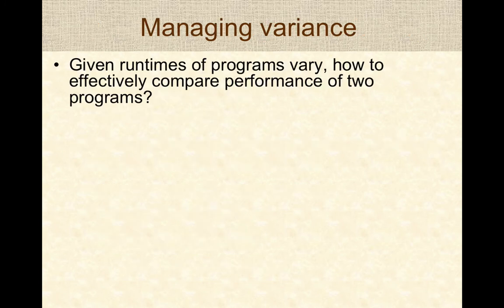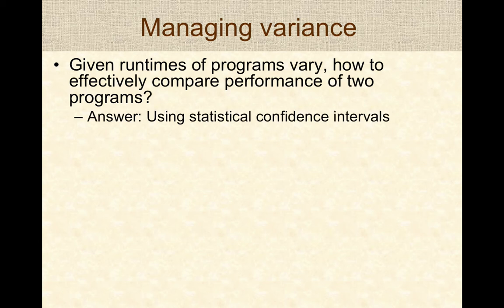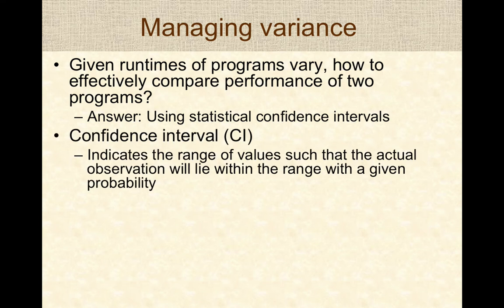So the real question that we are trying to answer is, given that runtimes of programs can vary a lot, how can we effectively compare the performance of two different programs or two different runs of the same program? And the answer is to use what is known as statistical confidence intervals. A confidence interval basically indicates a range of values that the actual observation will lie within with some probability.